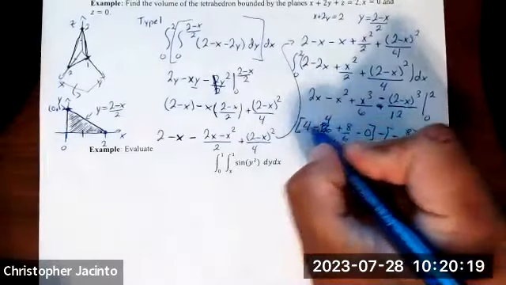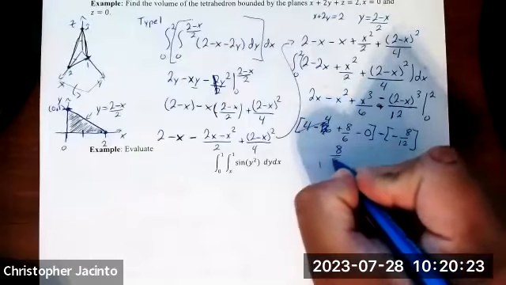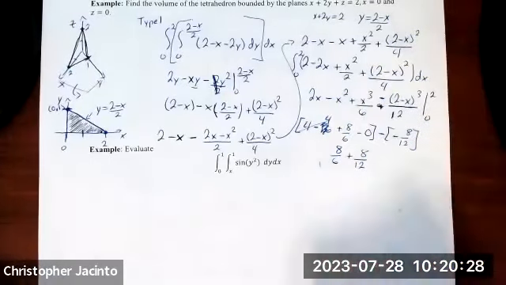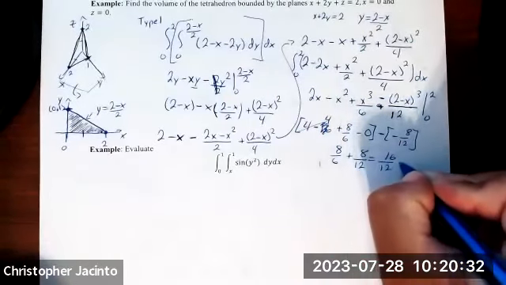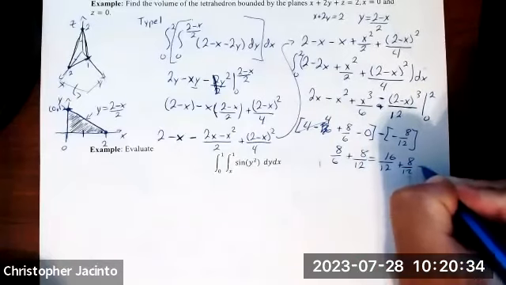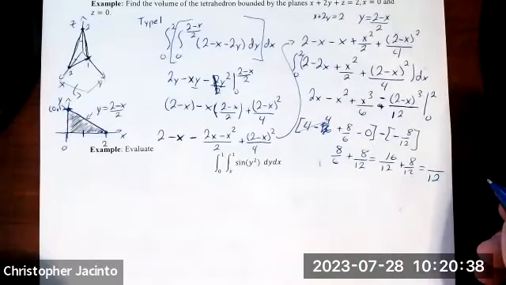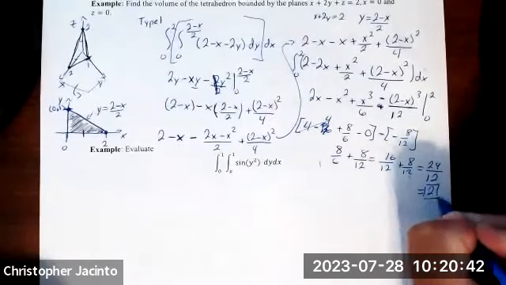Okay, so these cancel. This becomes positive, so I get 8 over 6 plus 8 over 12. So what is that? That's 16 over 12. So that gives me, that's 4 over 2. Oh, nice, 2. There we go.